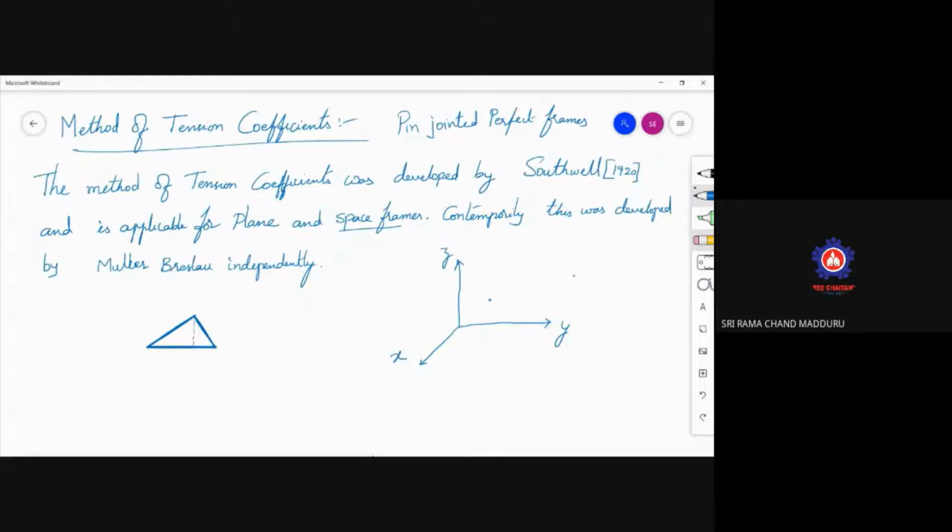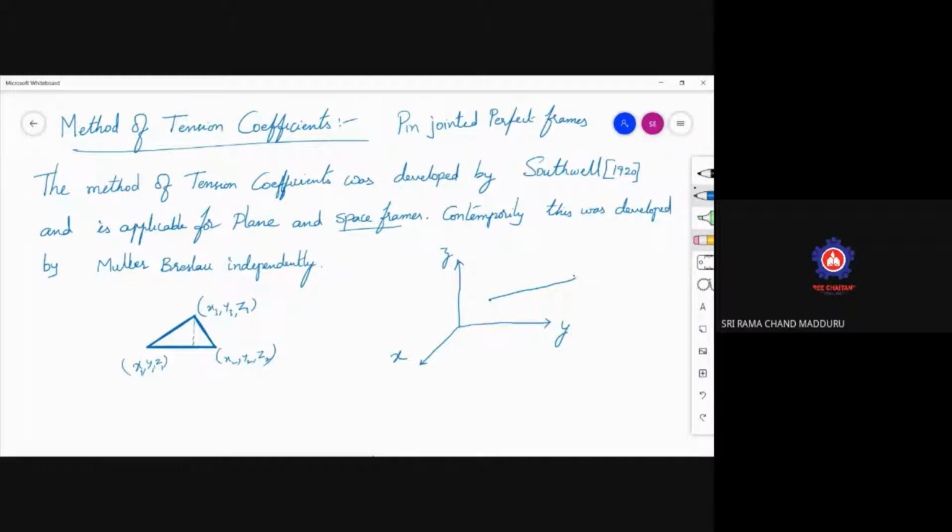The coordinate system we can write is x comma y comma z. You can write x1 y1 z1, x2 y2 z2, x3 y3 z3, like that. So here also, when a member is there, this can be represented in the coordinate system.